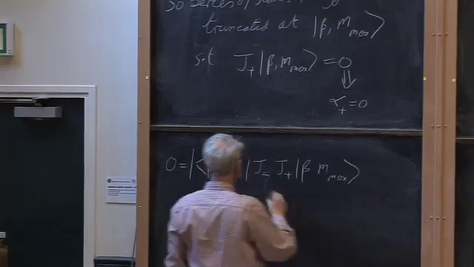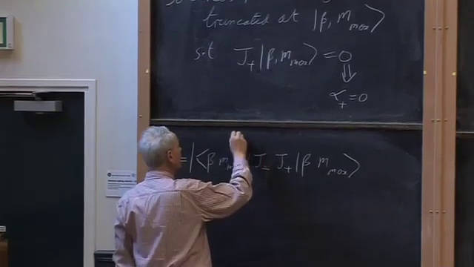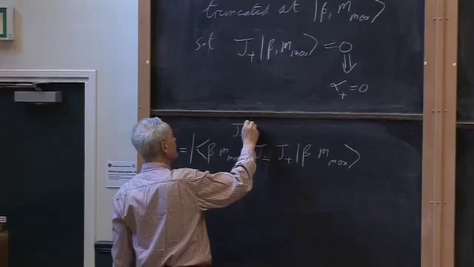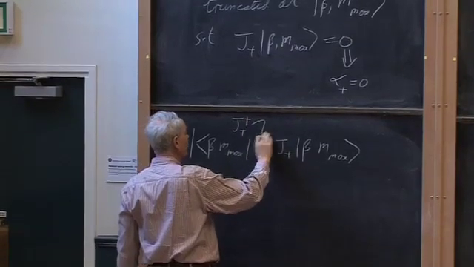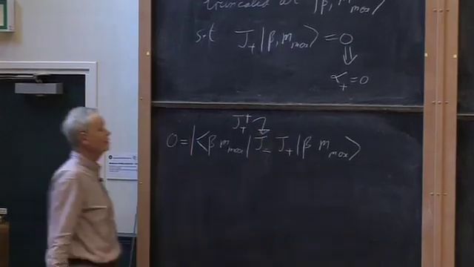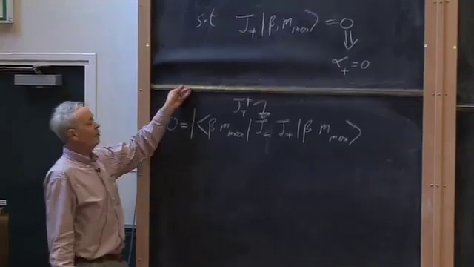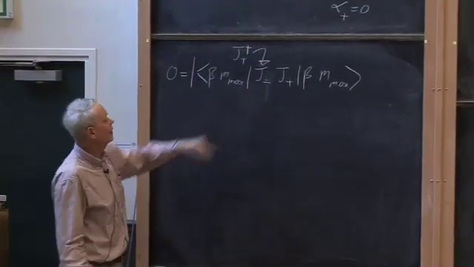Right, so this thing here is J plus dagger, which is appearing here, and I pointed out earlier on that J plus dagger is J minus.